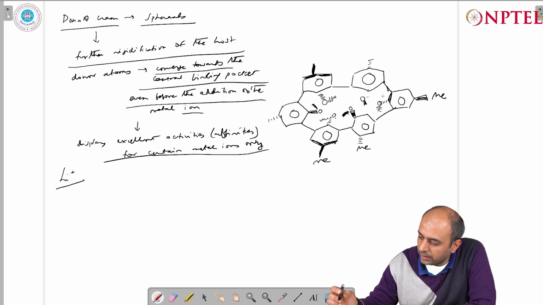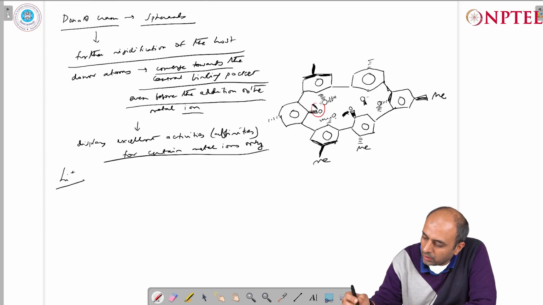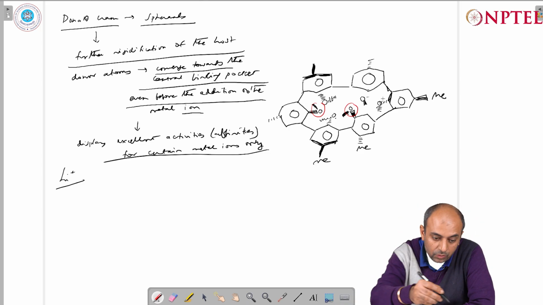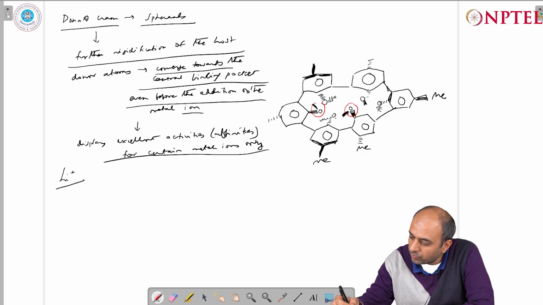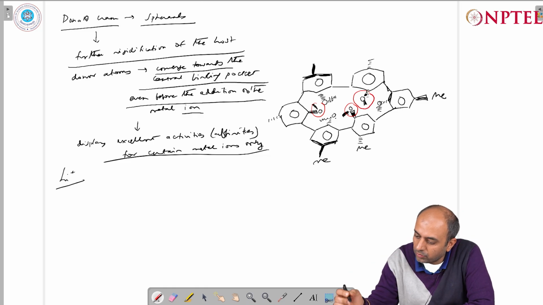You will see here that these 3 oxygen atoms here, here and here, I need to draw it, this one got rubbed off. Okay, so these 3 oxygen atoms you see are above the plane.